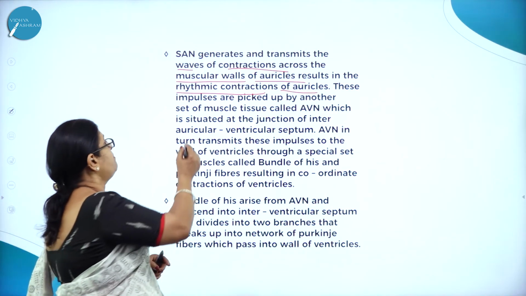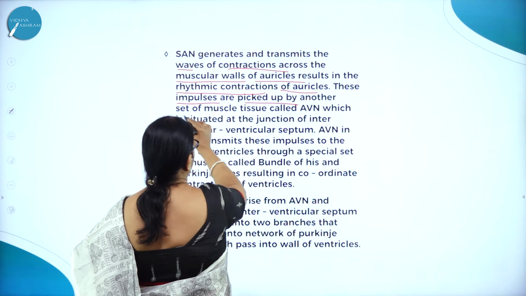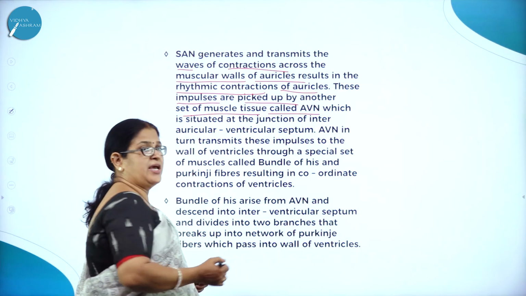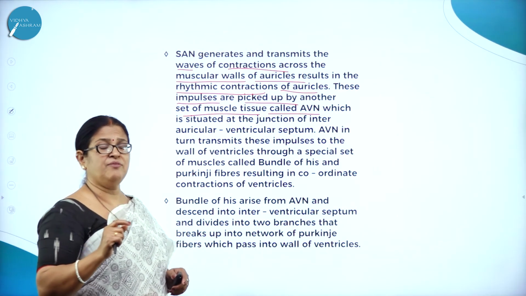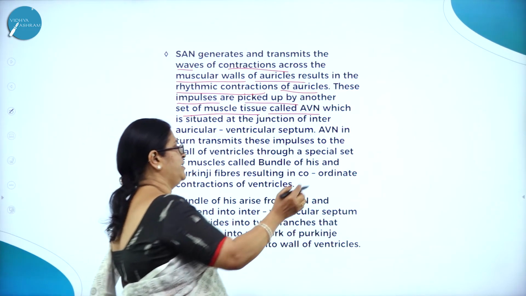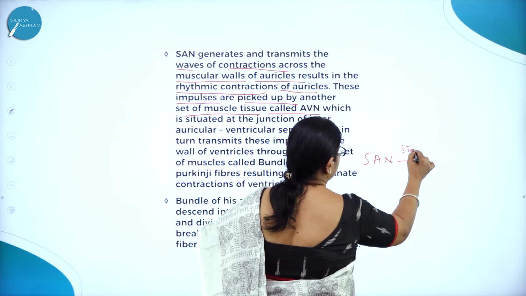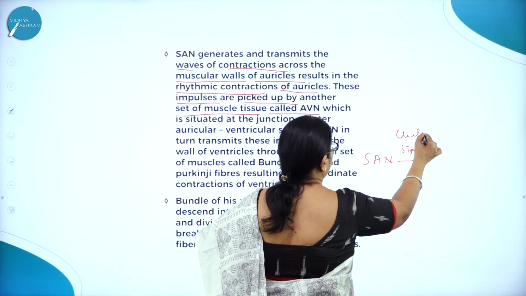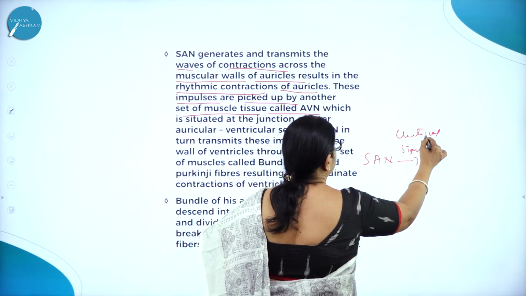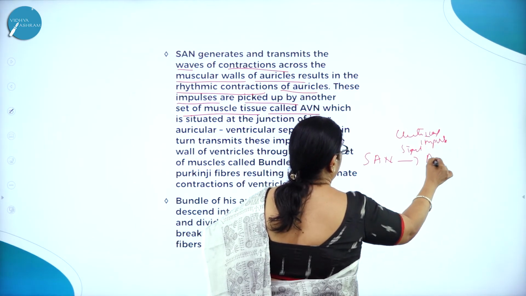These impulses are picked up by another set of muscle tissue called AVN. SAN, the sinoatrial node, sends the signals, or electrical impulses, to AVN.